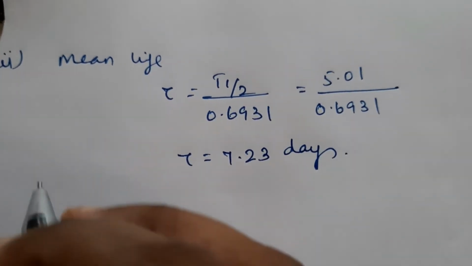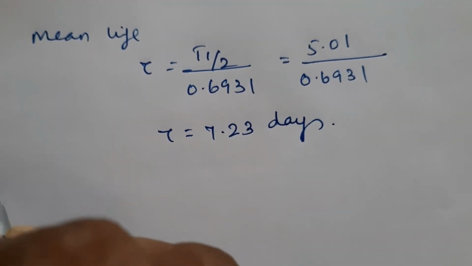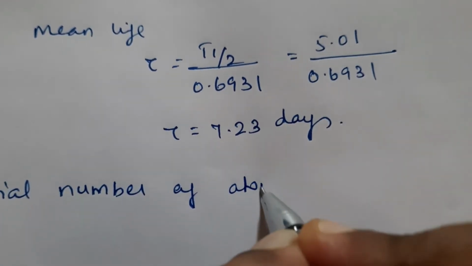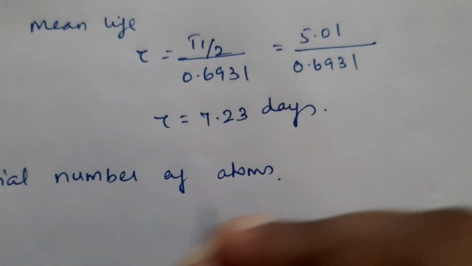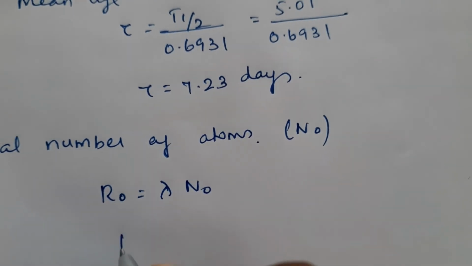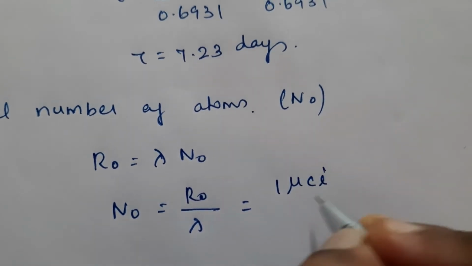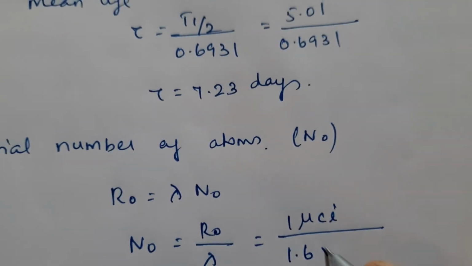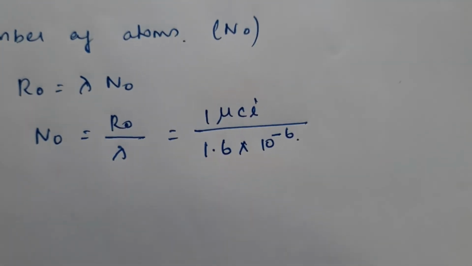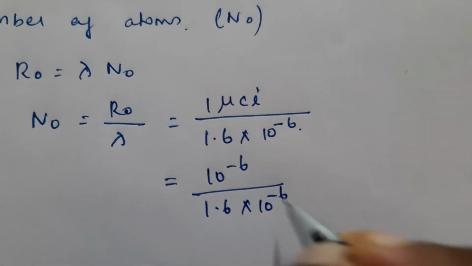The last part which you have to calculate is the initial number of atoms, that is N0. So R0 is equal to lambda into N0, so N0 is equal to R0 divided by lambda. R0 value is 1 microcurie divided by the lambda value, 1.6 into 10 raised to minus 6, which we have already calculated.